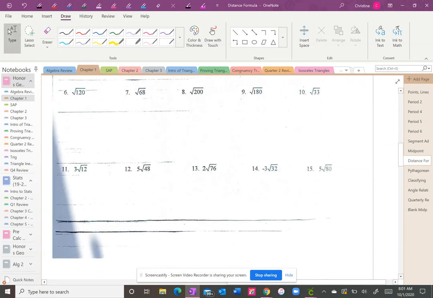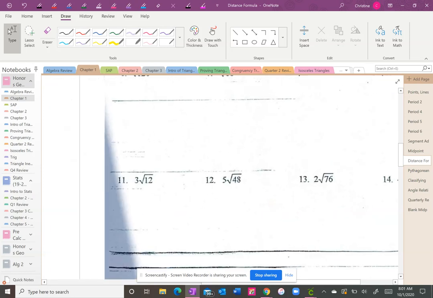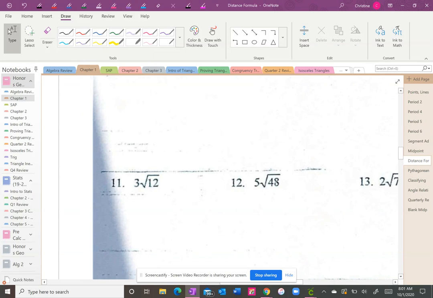I'm going to skip around real quick to number, I don't know, I'll do 11. So here we go. Oh no, there's already a number outside of the radical. That's fine. Press pause, hold on to it for a second, and just look at the radical. The radical has a factor of 4 times root 3. Root 4 is 2.